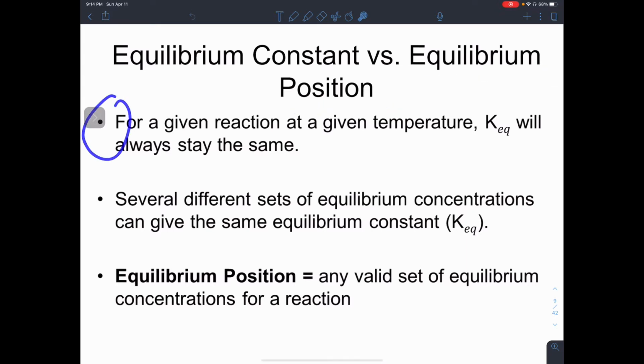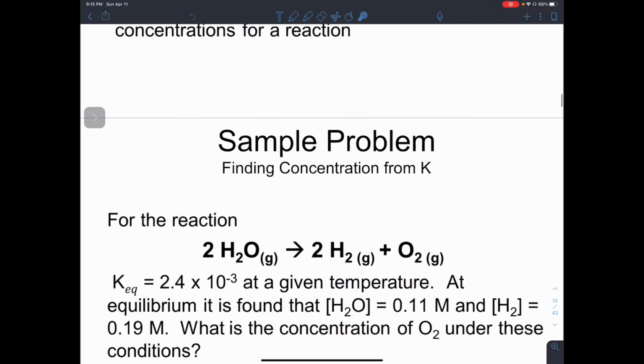And what that means is for a given reaction at a given temperature, the equilibrium constant, KEQ, will always stay the same, right? Several different sets of equilibrium concentrations can give the same KEQ. That's referred to as equilibrium position, or any valid set of equilibrium concentrations for a particular reaction.